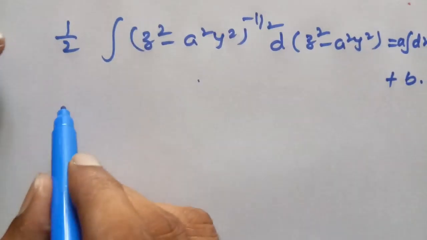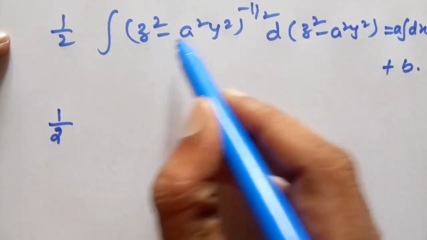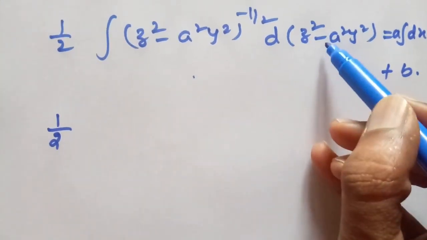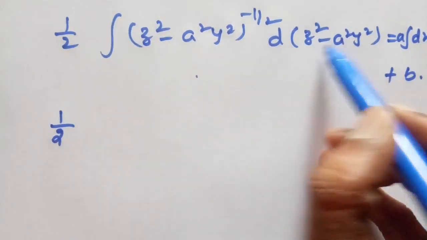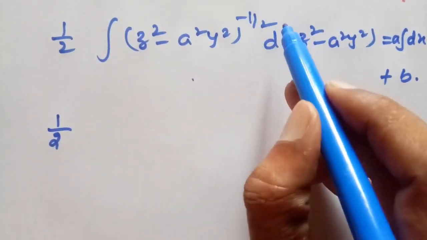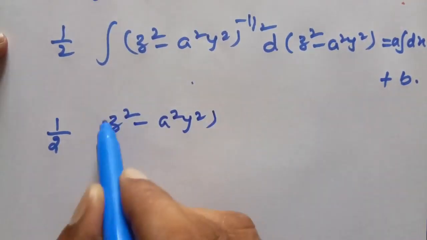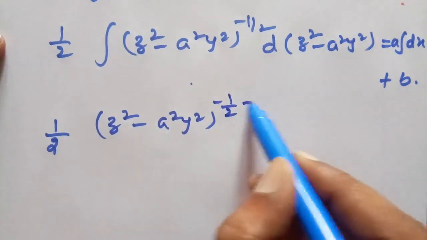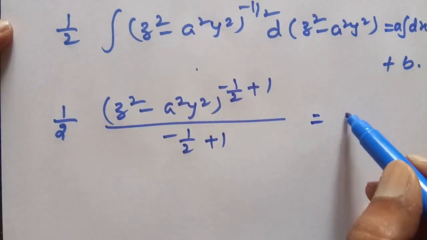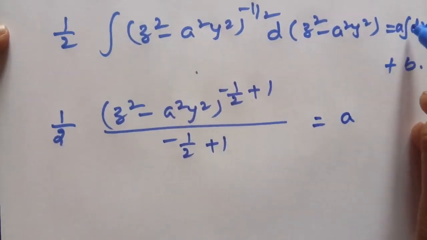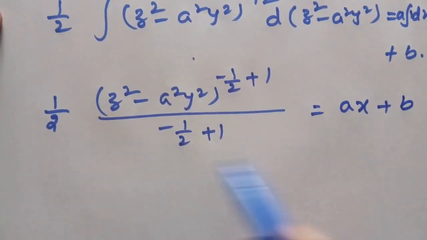This is of the form x power n dx, so the formula is x power n plus 1 by n plus 1. Here x is z square minus a square y square and n is minus 1 by 2. Therefore, z square minus a square y square whole to the power of minus 1 by 2 plus 1, by minus 1 by 2 plus 1, is equal to a into the integration of 1 dx, which is x, plus constant of integration.